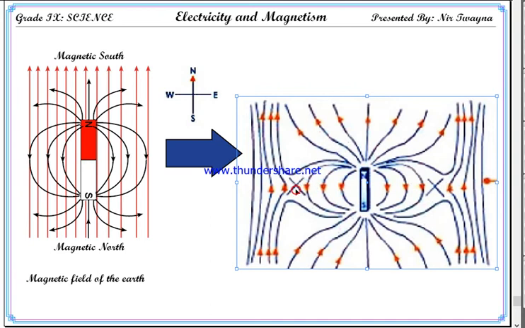At this point the magnetic fields of the magnet and the earth are equal in magnitude but opposite in direction, so they cancel out each other. The compass is under the influence of both magnet and earth, so it does not show any particular direction at this point, okay?